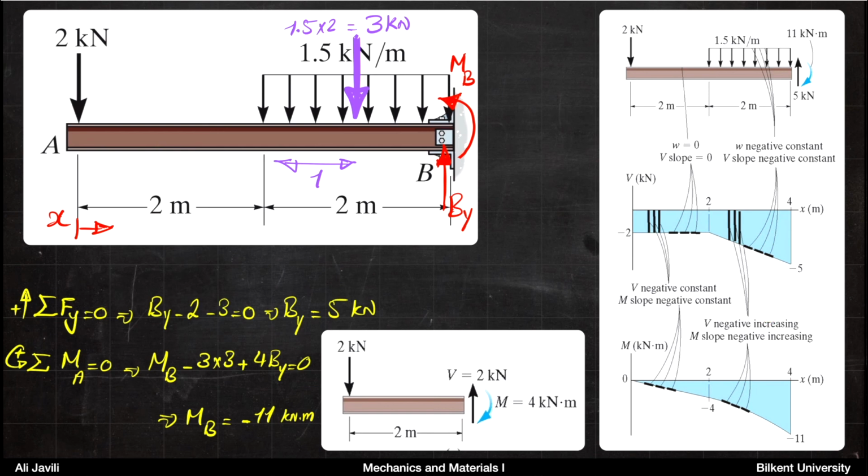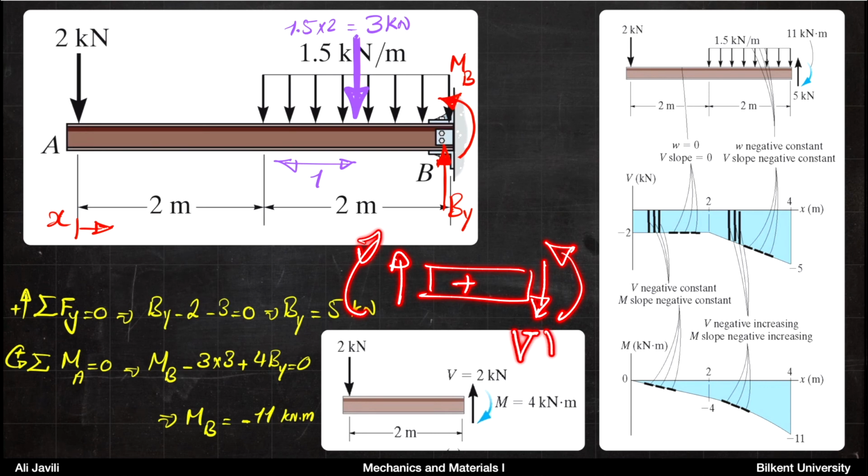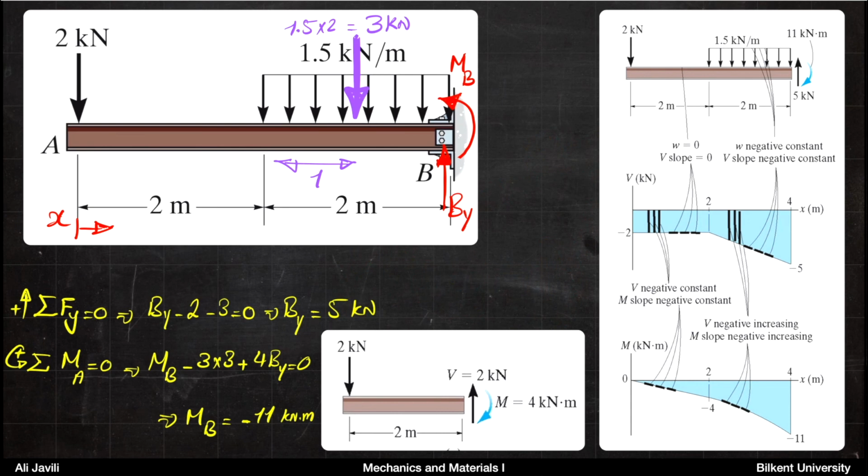If you remember our plus convention, V would need to be downwards on the right hand side to be positive. Here By, the way we draw it, is 5 kilonewton upwards, which according to our plus convention is -5. Okay, so this is your shear diagram.